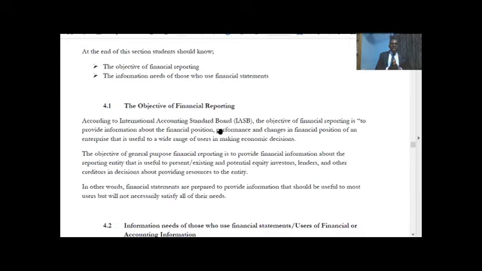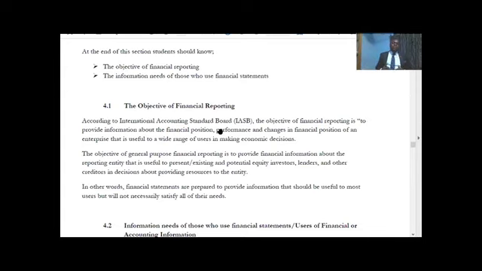So again, if you look at the second objective, the objective of general purpose financial reporting is to provide financial information about the reporting entity that is useful to present, existing, and potential equity investors, lenders, and other creditors in decisions about providing resources to the entity.